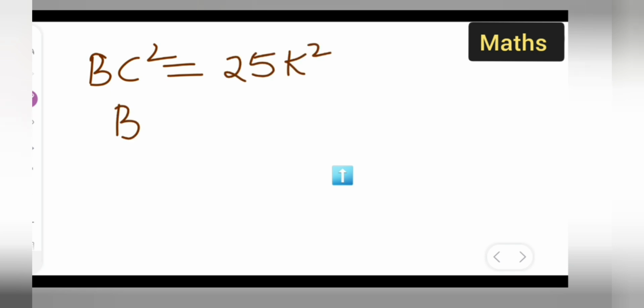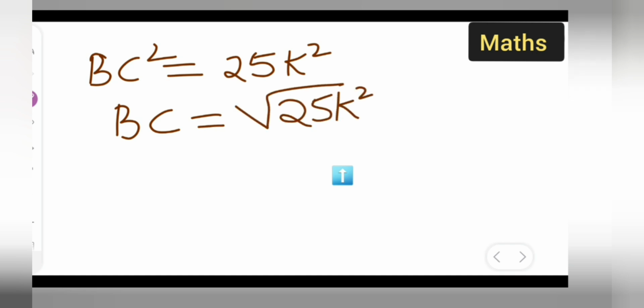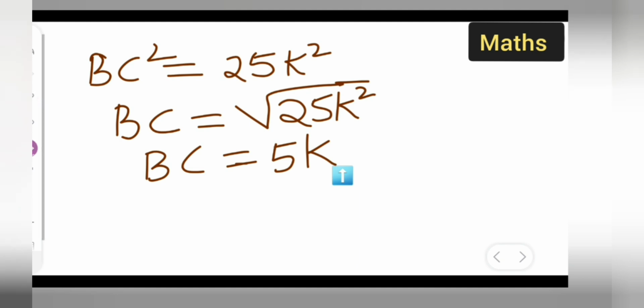Now if I take the square root of 25k square, I'm gonna get BC is equal to, what is the square root of 25? It is 5, and I will get k because the square and the square root cancel. So BC is equal to 5k.